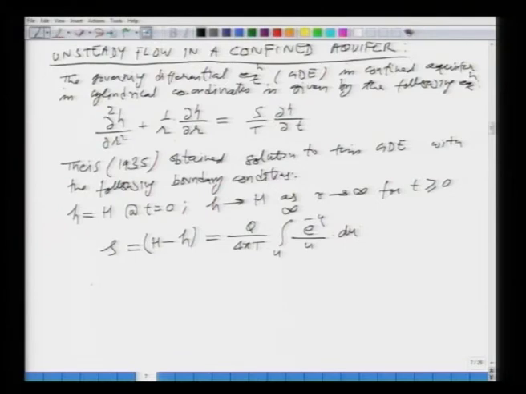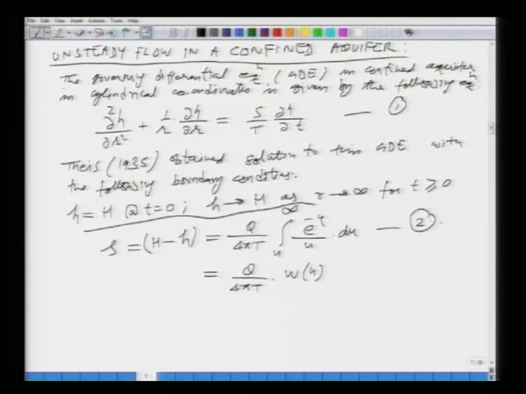Let us say if this is my equation 1, this is your equation 2. We have renumbered the equation system for the unsteady case. This is written as Q over 4 pi T times W(u). So, this is the solution which was given by Theis to the governing differential equation number 1 under these boundary conditions.